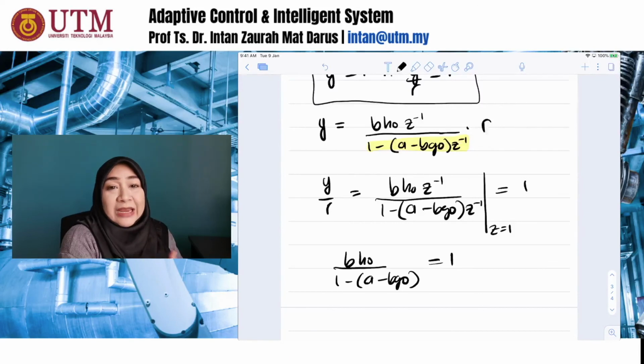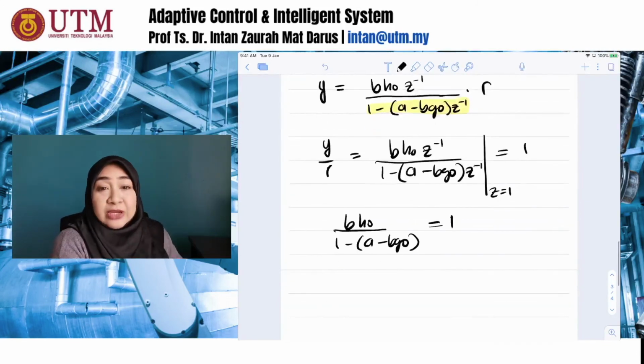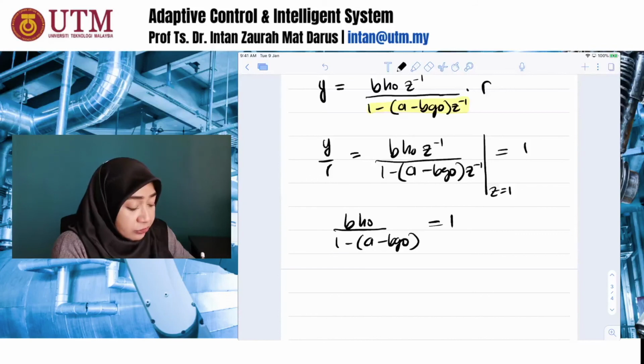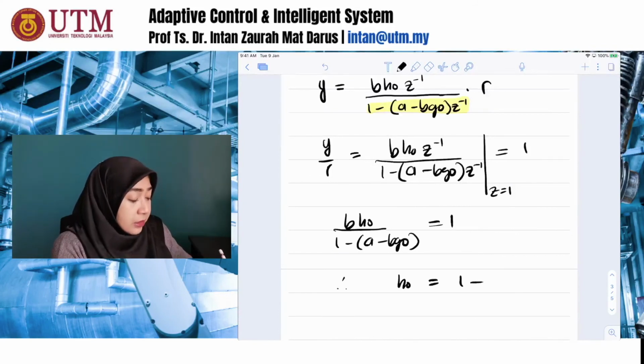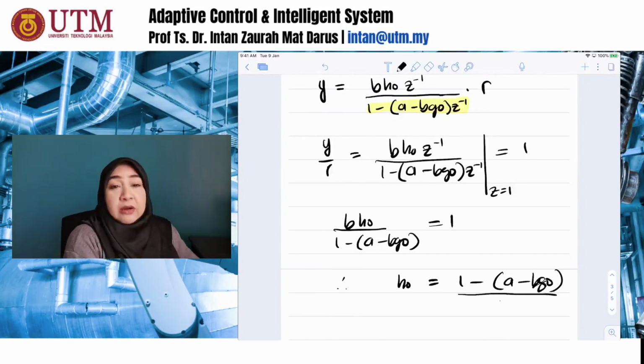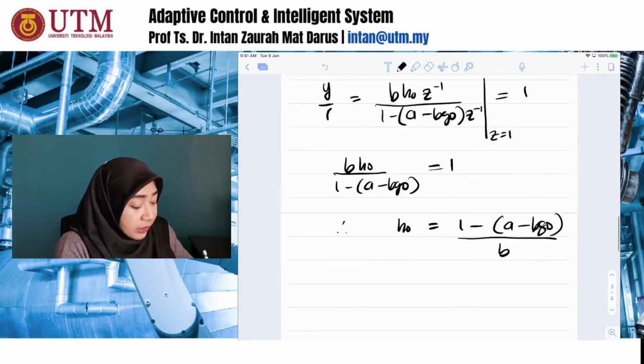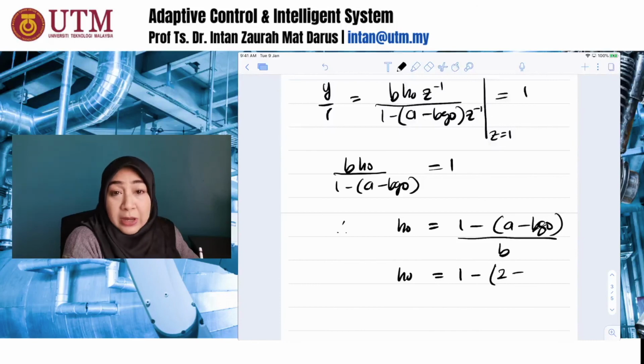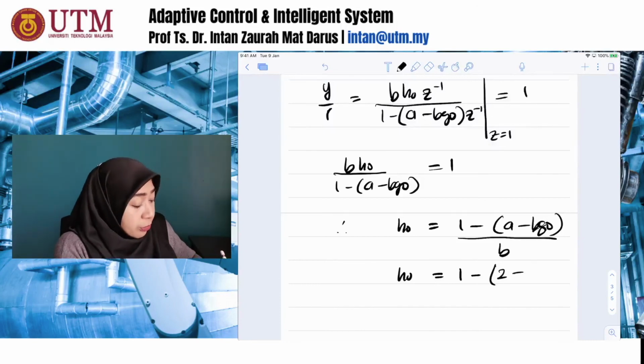You know your A and B, which of course change with time, but every time they change, you can capture the values and put them into this controller so that your H naught can be updated as well. Therefore, straight away you know that H naught is equal to 1 minus A minus B G naught divided by B. This can be evaluated with A equal to 2, B equal to 1, G naught equal to 1.5.